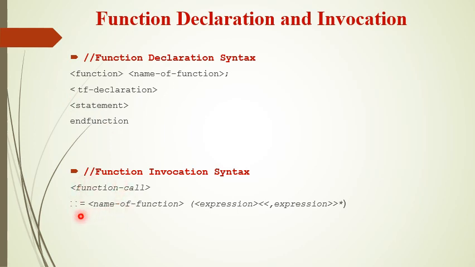For invocation, we just specify the name of the function, and the expressions you have passed to the function should be listed inside the parentheses. And to the left hand side there will be some variable which is going to hold the return value that the function is returning.